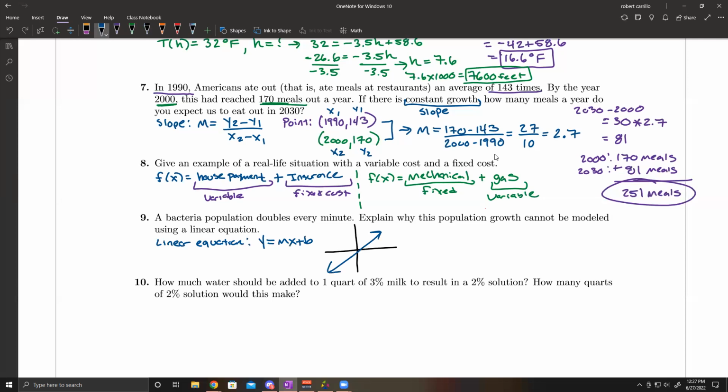That's it. Well, for a bacteria population, if it doubles every minute, it is no longer linear. You can't express that situation as linear. Since you are doubling every minute, you are growing exponentially. So when your population doubles every minute, it is exponential. So this is why we cannot model a population growth by linear models.